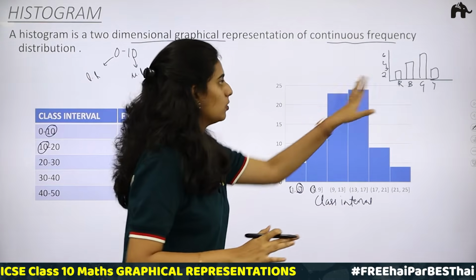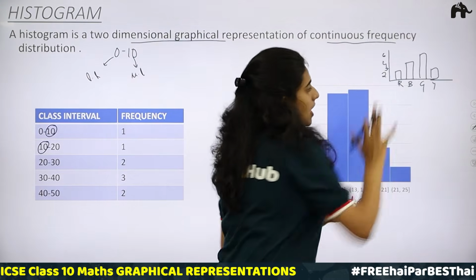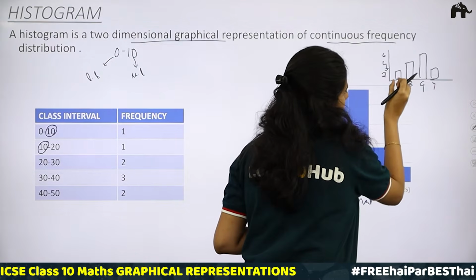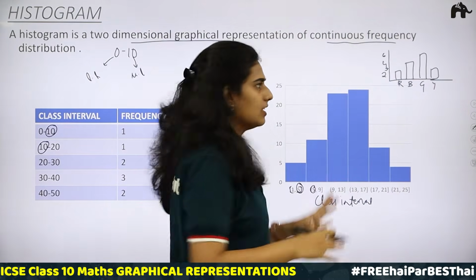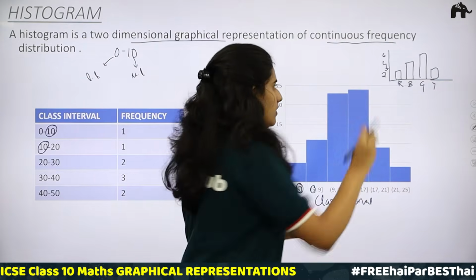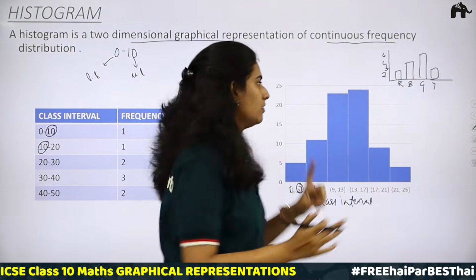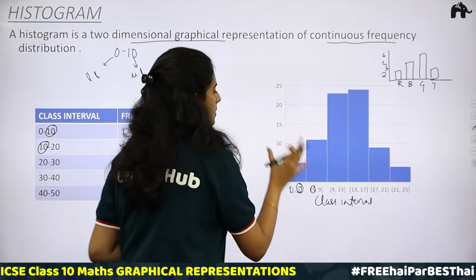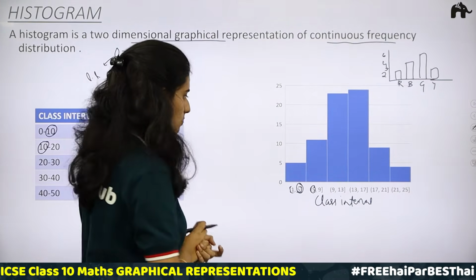This is plotted on a bar chart, or bar graph. Here it is just the number of balls in each color, there is no continuity. We are just representing the data. But when it comes to a histogram, there should be continuity. This is a representation of a continuous frequency distribution.